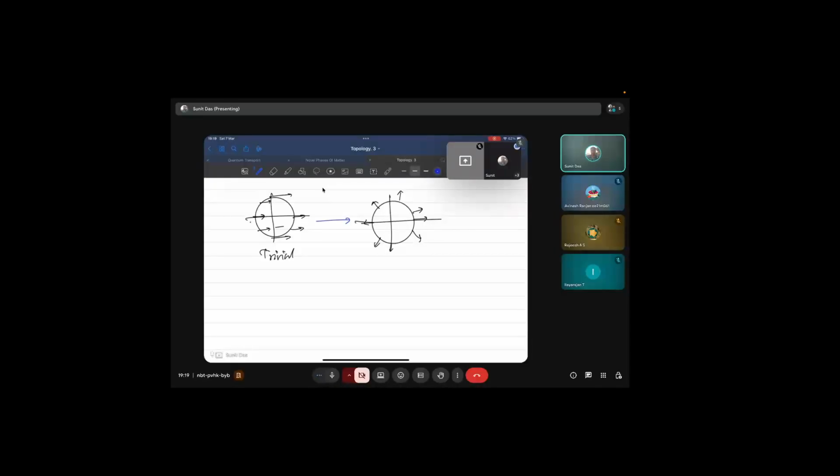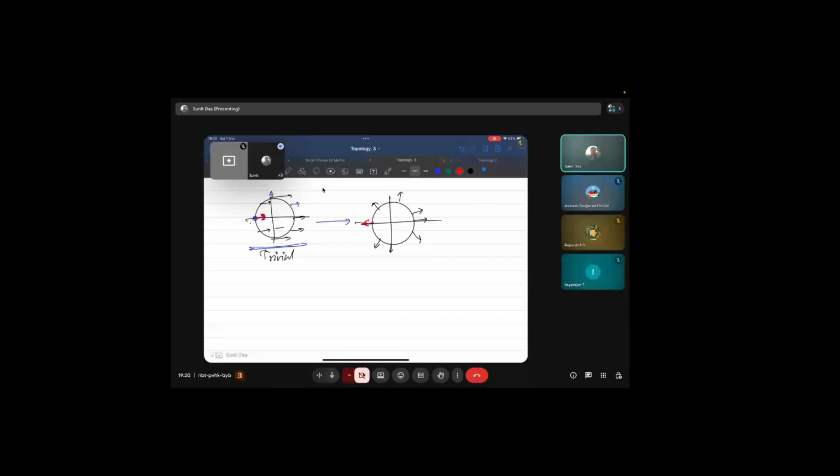So if you see from this perspective as well, from this figure as well, suppose you had this particular figure, right? Can you smoothly change these arrows so that this arrow at this particular point actually points outward?